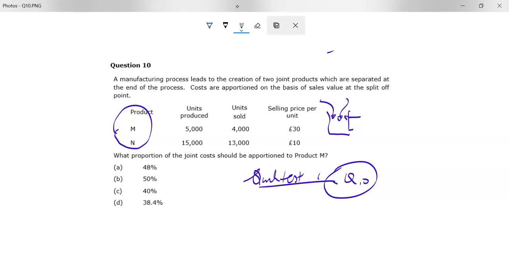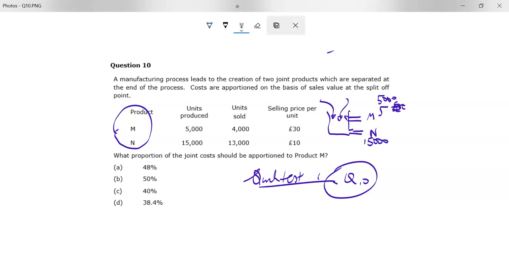So we've poured these chemicals into it, and as a result 2 products come out, product M and product N. So 5,000 units of product M come out, and 15,000 units of product N come out.